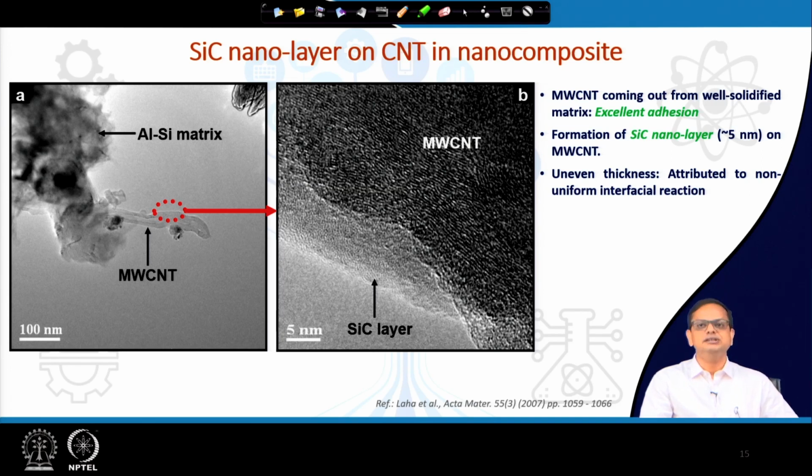As we calculated, the critical layer thickness of silicon carbide is quite low, and in this TEM image you can clearly see the growth is quite low, in the range of 5 nanometers, in the perpendicular direction. Laterally it is growing over the MWCNT surface.